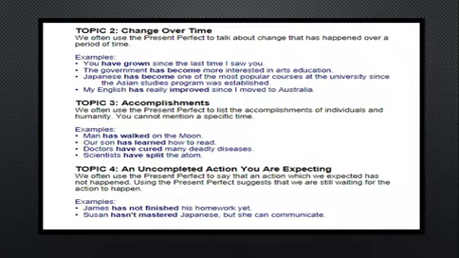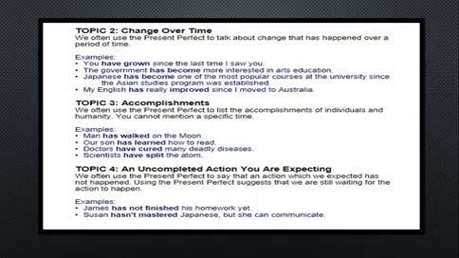El topic 3 habla acerca de los logros que frecuentemente se expresan en el presente perfecto para hacer una lista de cosas individuales o de la humanidad. Por ejemplo, pero en este caso no puedes hacer menciones de tiempo específicas, ¿ok? Tiene que ser también no específicas.